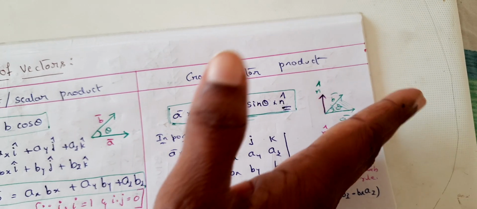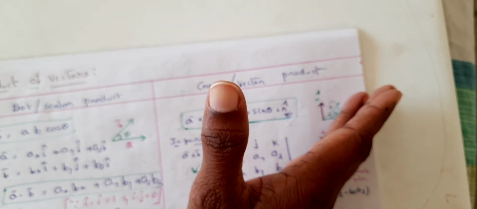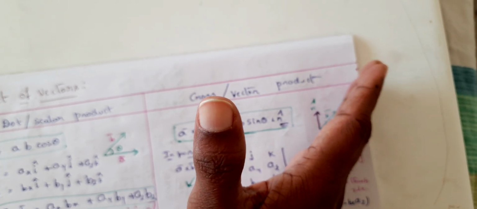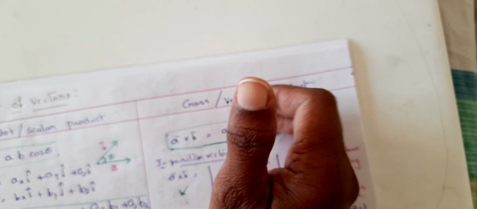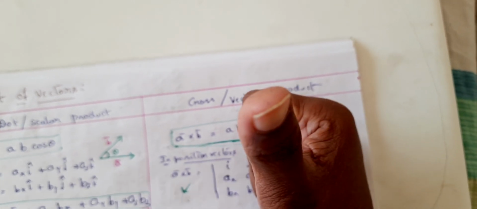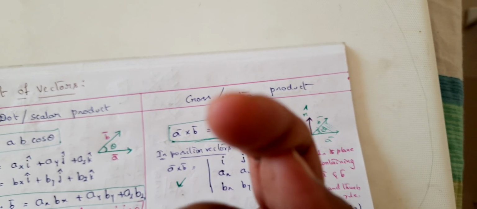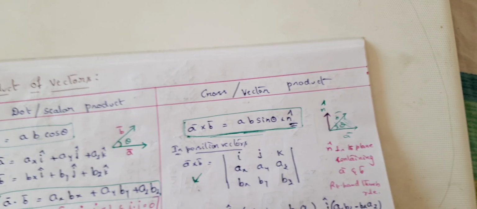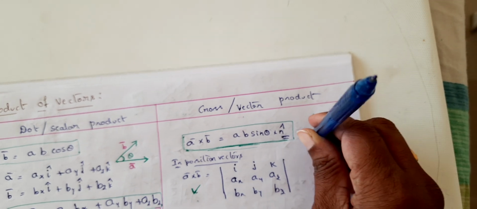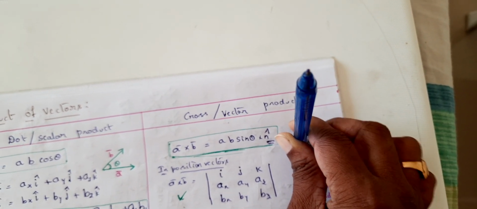If I stretch my fingers along A bar and then go to B bar, my thumb points outward, away from the plane of the paper. The unit vector stands like this to the plane of the paper.